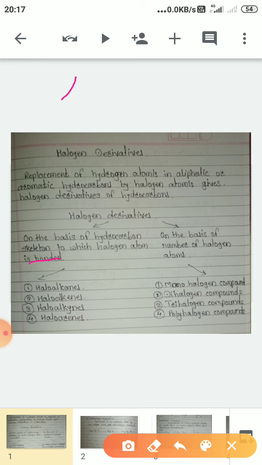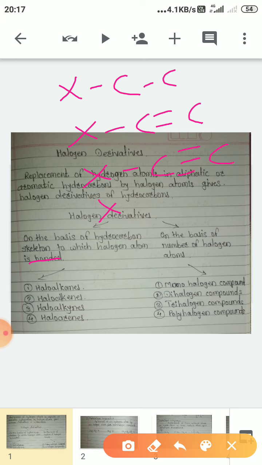That means if the halogen atom is bonded to a carbon-carbon single bond, or to a carbon-carbon double bond, or to a carbon-carbon triple bond, or attached to a benzene ring, depending on this, these halogen derivatives are divided into haloalkanes, haloalkenes, haloalkynes and haloarenes.